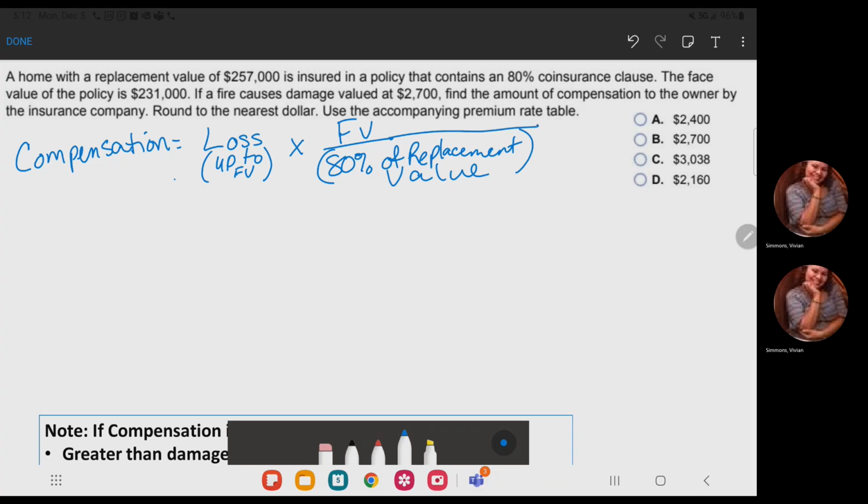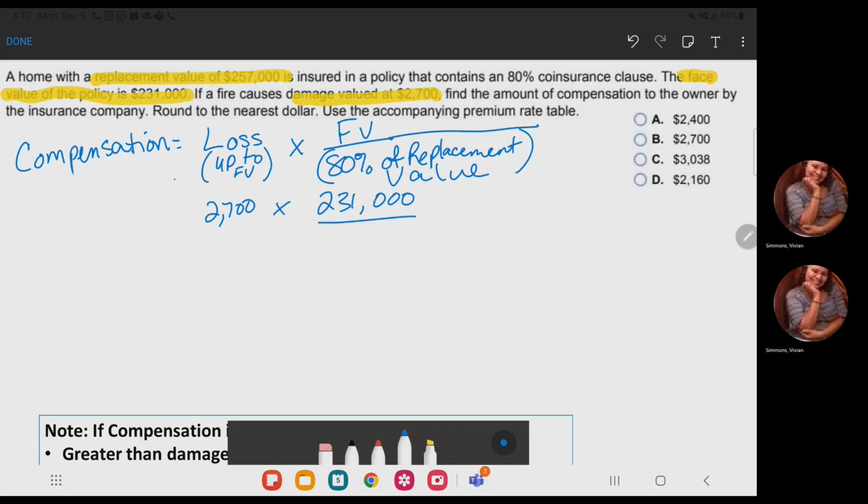Okay, so let's identify things. I have a replacement value of $257,000. I have damages at 2,700, so damage also known as the loss. I have a face value that is 231,000. So I go from there. Now I replace things. My loss, the damages, is 2,700. I multiply that by the face value of the policy.